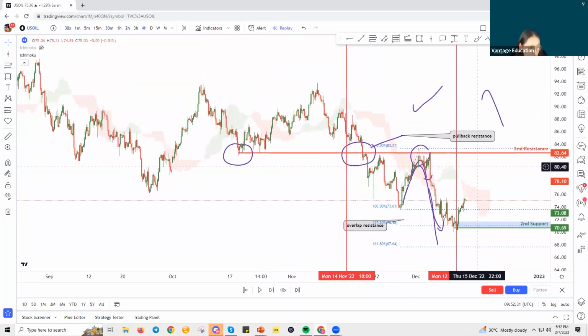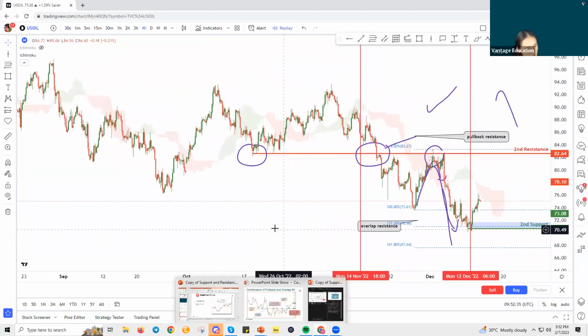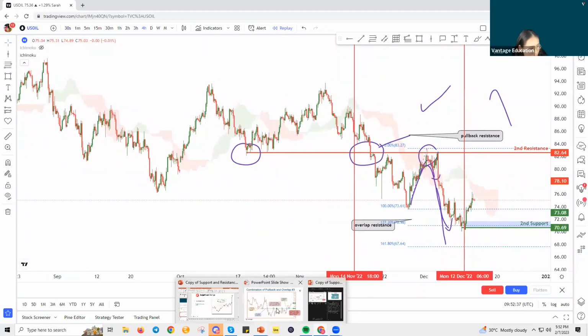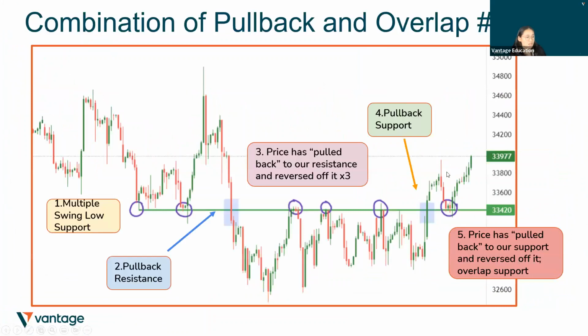Okay, so let me go back to my slides. I think it's clearer on the slides. Okay. So if we look at this, there's two swing lows here, which makes it a swing low support. So support is when price has bounced off of the level before. Okay, so it's only a pullback after price has surpassed the level.